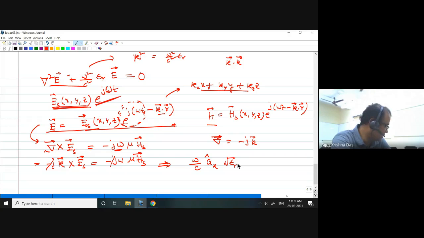That is the refractive index. The left hand side I can write like this, first term, and then cross E_s, equal to omega mu H_s.